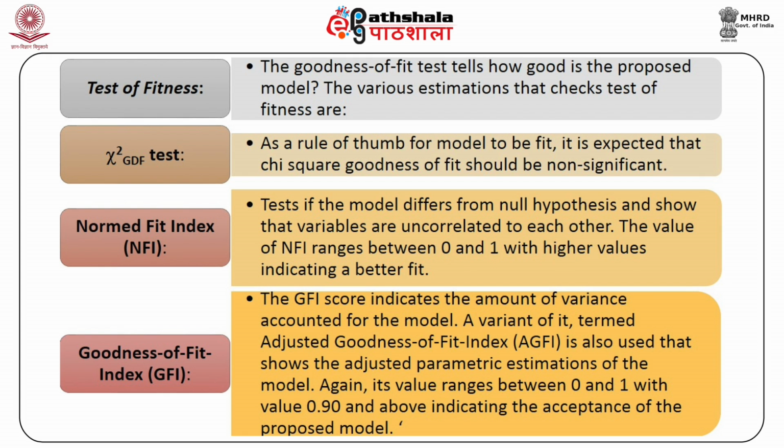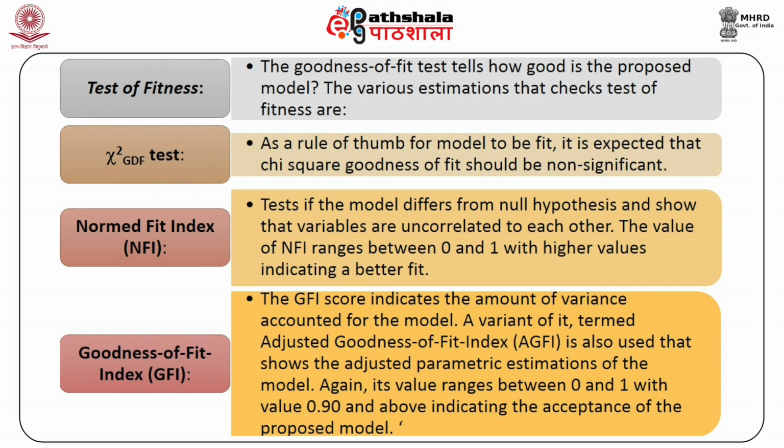The normed fit index is the other one. It tests if the model differs from the null hypothesis, which shows that variables are uncorrelated to each other. The value of the normed fit index, that is NFI, ranges between 0 and 1 with higher values indicating a better fit.